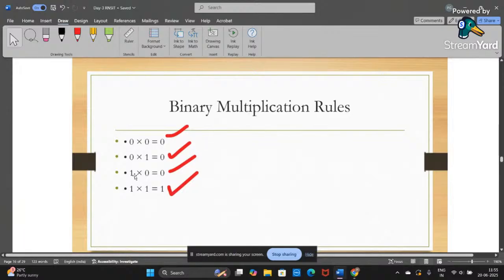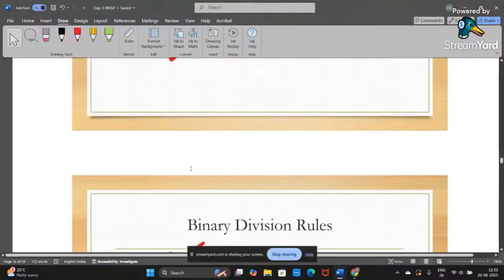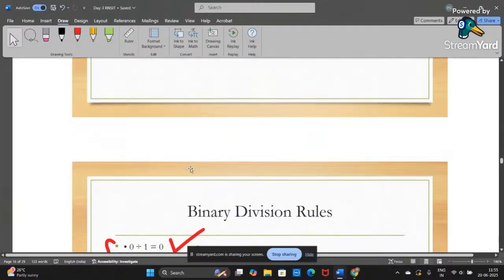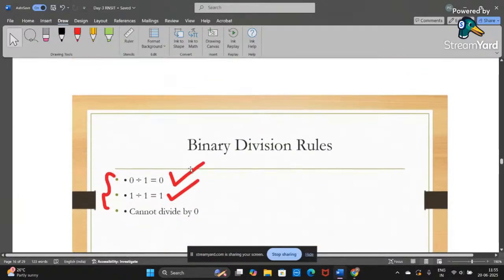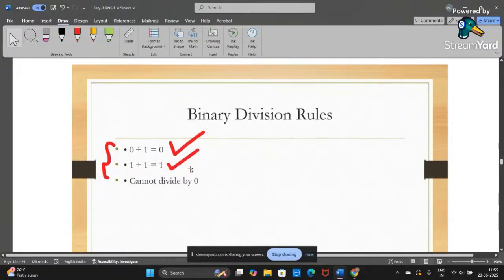Binary multiplication is also similar, but involves shifting and adding partial products, just like decimal multiplication. Then binary division, similar to the decimal division. This also follows the same principle as decimal division, but with binary digits. And it involves repeated subtraction and shifting.